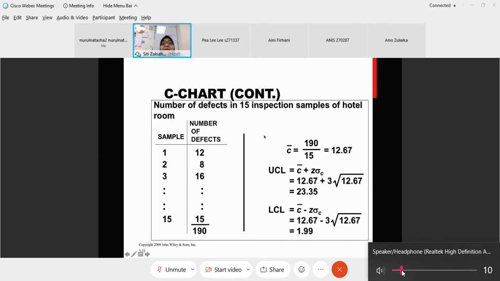Here, it is the number of defects in 15 inspection samples of hotel rooms.